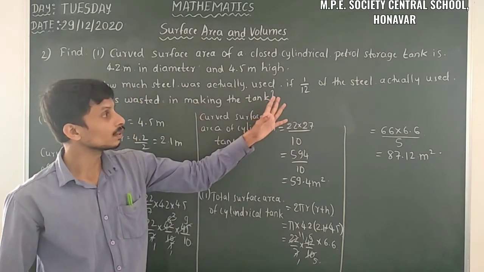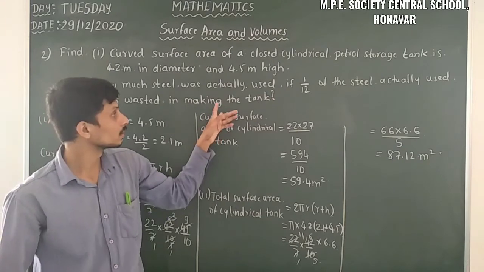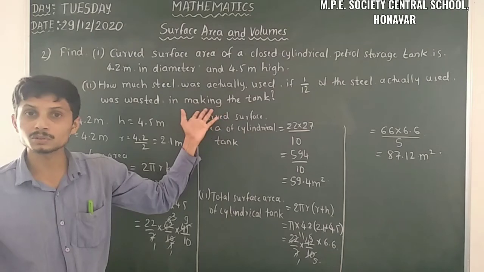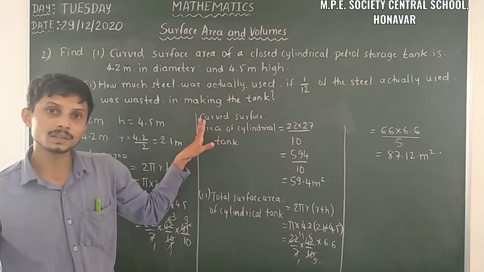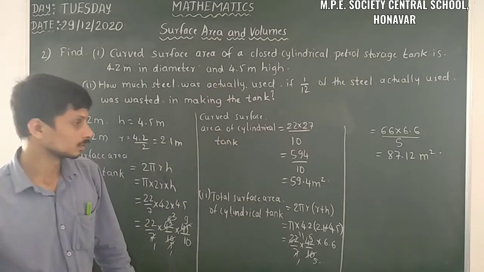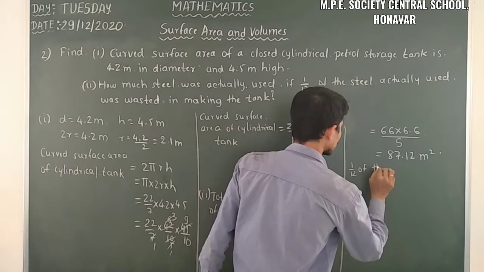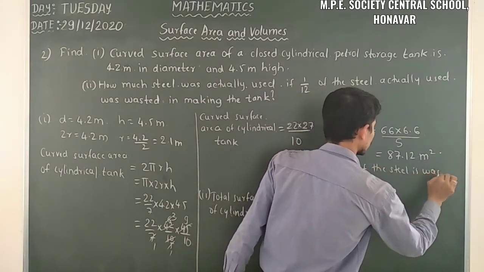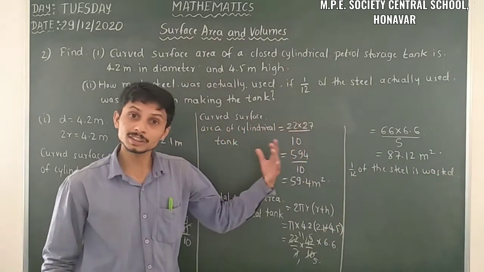Then we have to find how much total steel is used. Here 1/12 of the steel is wasted. That means out of the total part, how much steel is used?